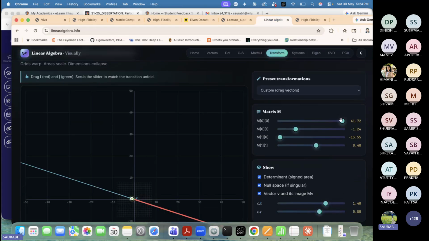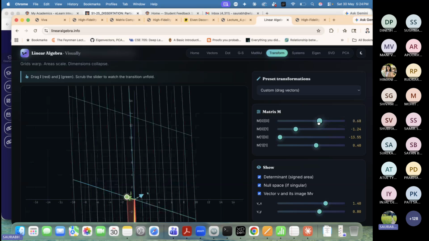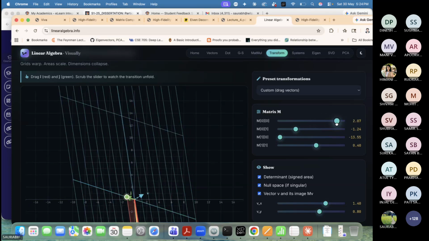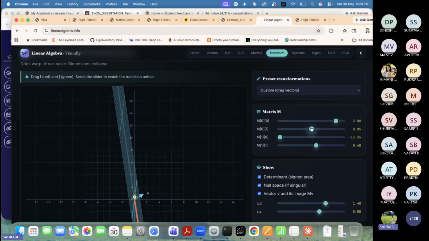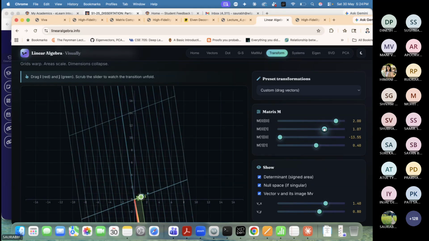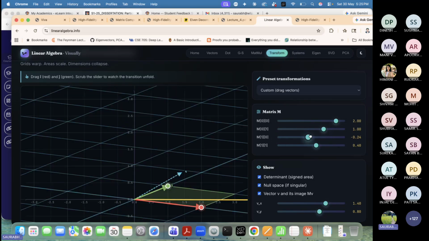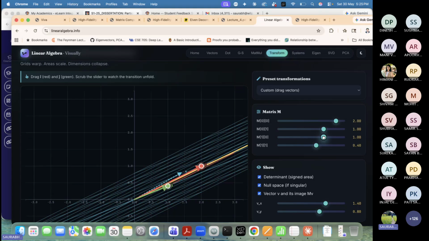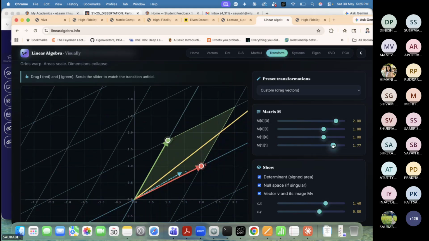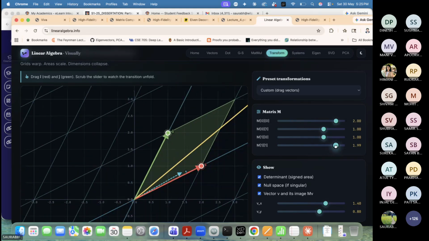2 1, 1 2. Just say that this is the matrix, right?